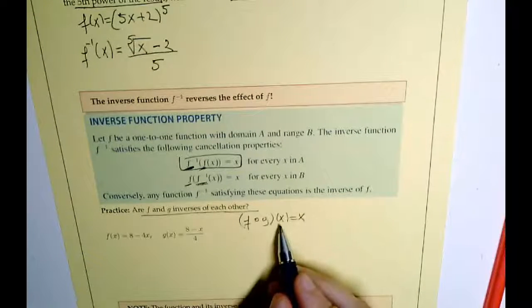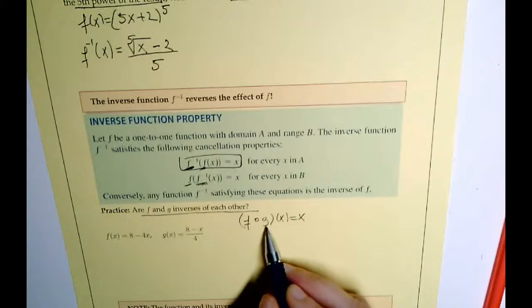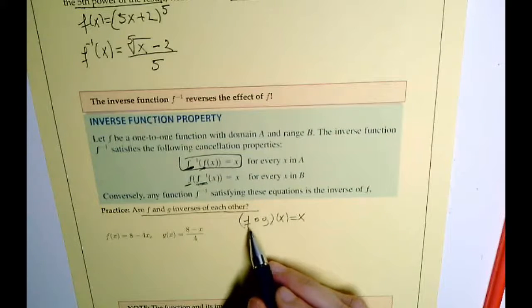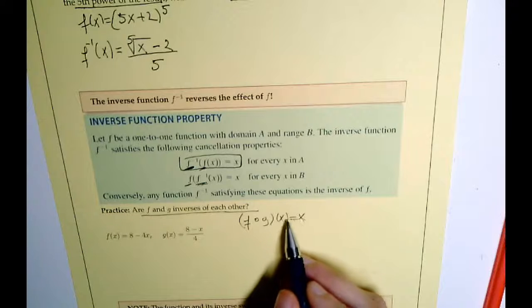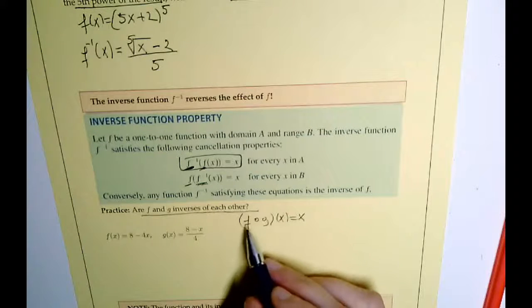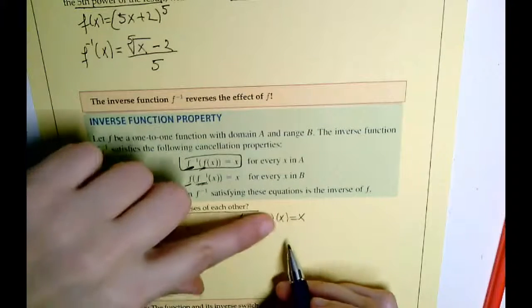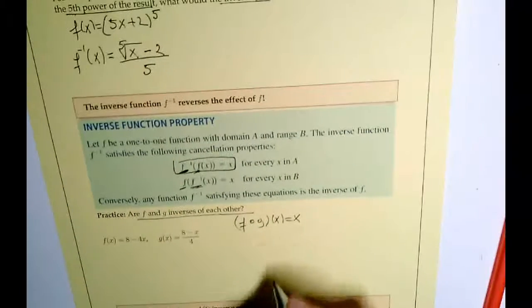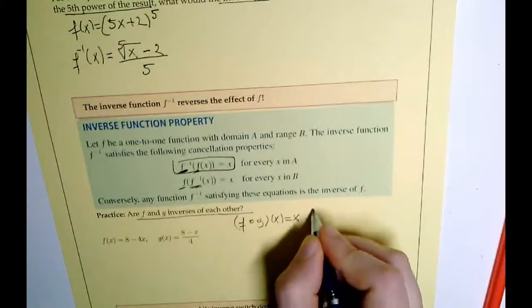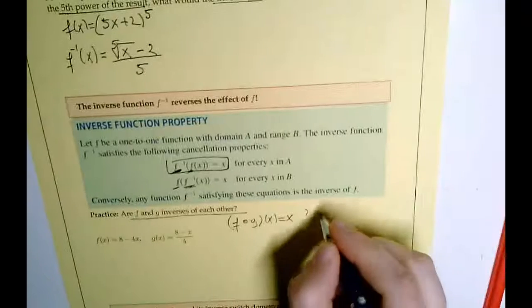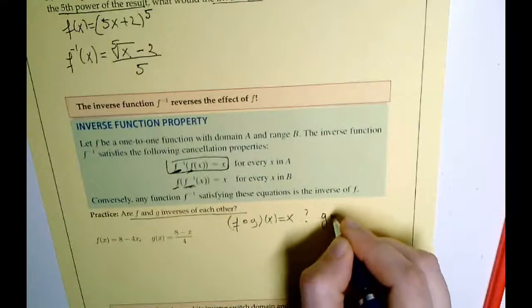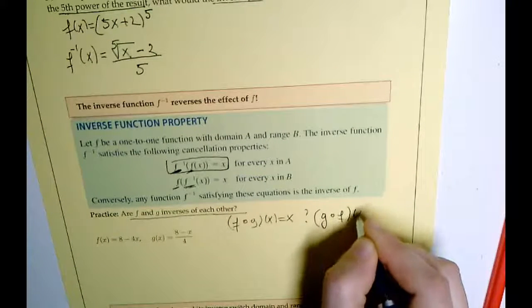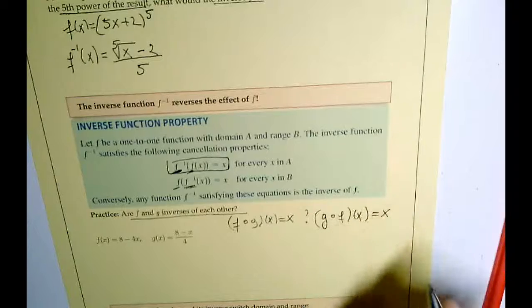So if I have the input x and I apply the g function and then I apply the f function, then I have to end up with x where I started, because f and g, it's like they cancel each other. So this is what we're asked. But it has to also work the other way. g composed with f of x has to be x as well.